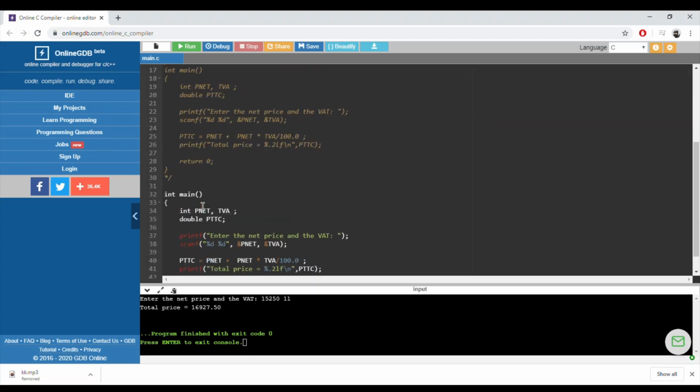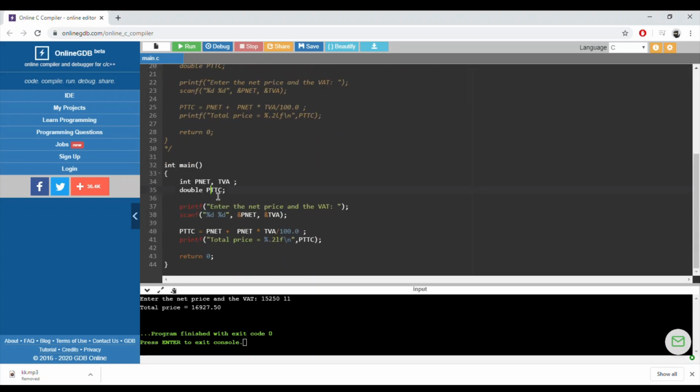So here the user should enter the value of PPTC and TVA, and the program will calculate the pnet. So let's ask the user to enter the total price and the VAT.